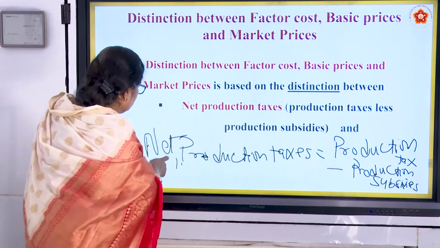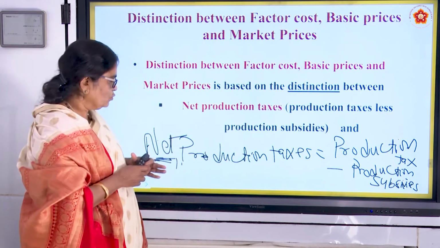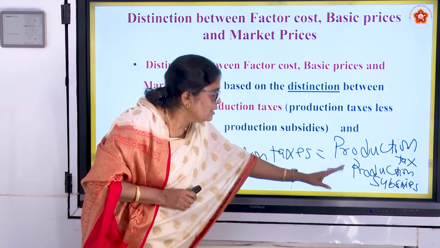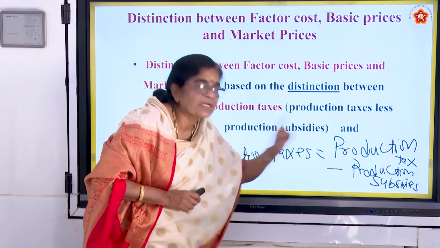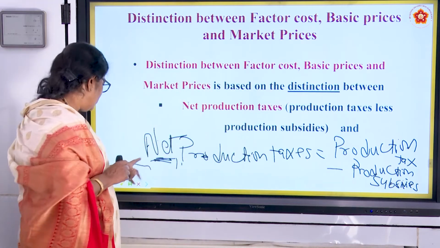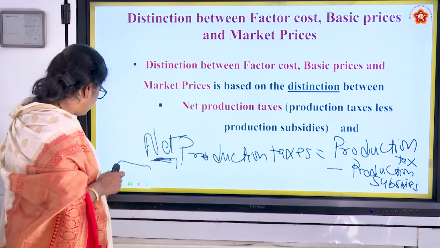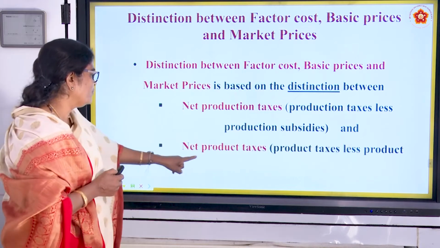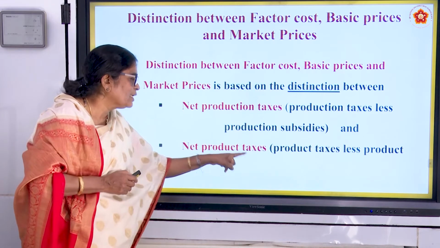Therefore, when you see the term net, you should understand you are deducting production subsidies from the production tax. It is referred to as net production tax. I hope you understood. And we have another tax called net product tax.